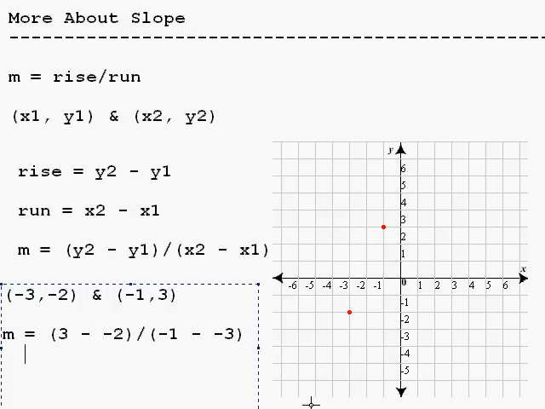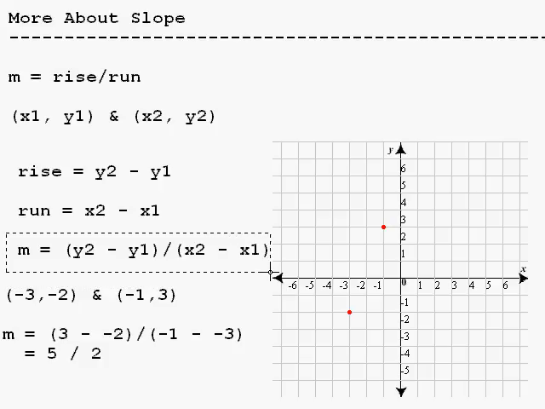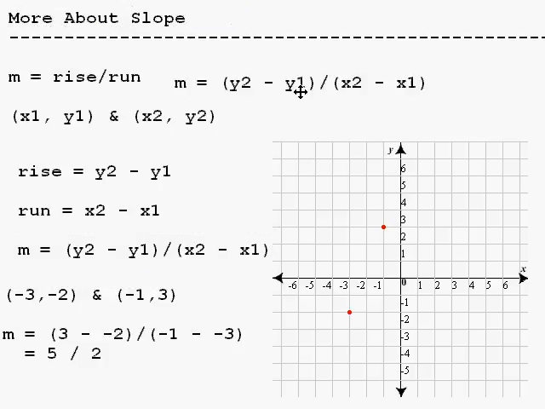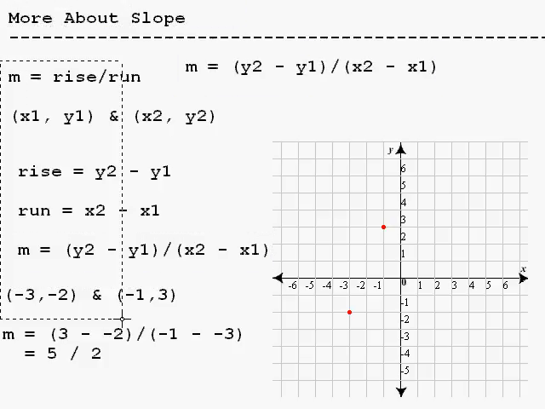The top is 5, the bottom is 2. So we get 5 halves, just like we got when we looked at the graph. So we have a general formula for slope now if we are given 2 points.